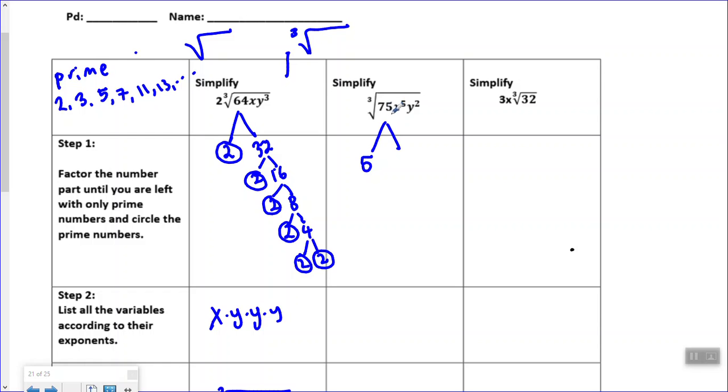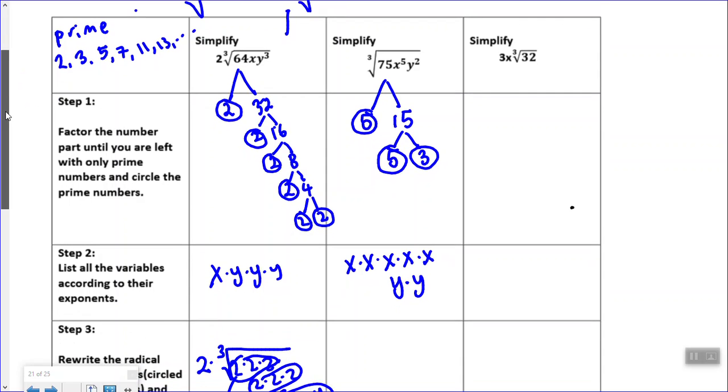Because it ends with 5, we know it can be divided by 5. 75 divided by 5, put it in your calculator, it will give you 15. 15 can be divided by 5, and it is 5 times 3 is 15. Circle the prime numbers. And then I'm going to write all the variables: x times x times x times x times x, x to the 5th power, and y times y.